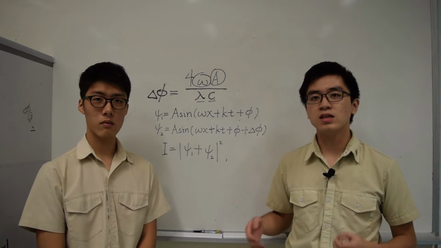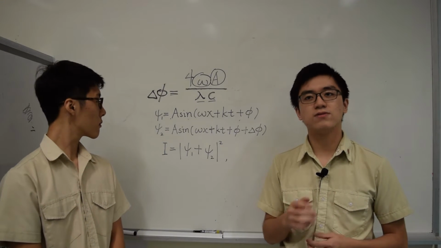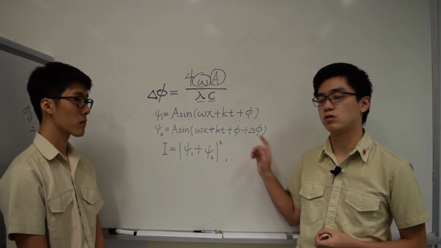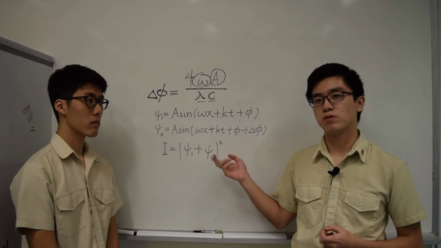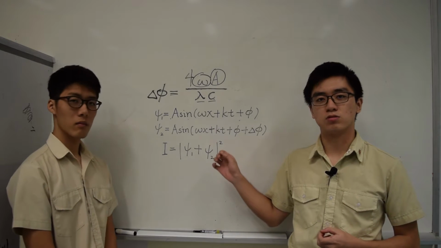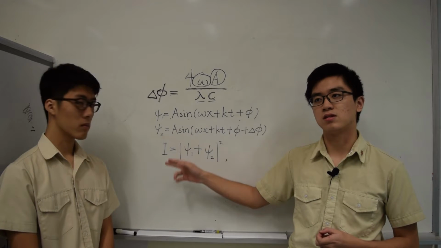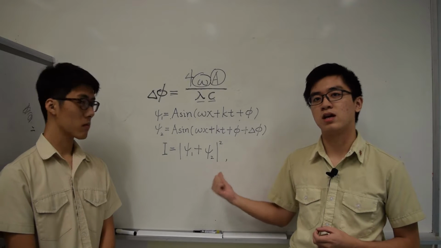So we made the assumption that the light in the single-mode fiber has only fundamental mode in our calculation, so they could be modeled by sinusoidal functions like these. Due to the principle of superposition, the amplitude of the recombined beam can be modeled by phi1 plus phi2, and the intensity can be calculated by taking the square of the amplitude.